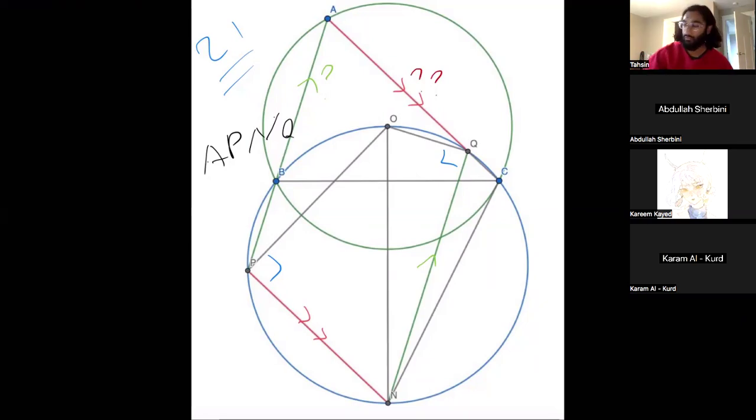By alternate angle, do you mean something like that? Yeah, exactly, or the corresponding angle up there. Usually you want to show some kind of angle equality, right?